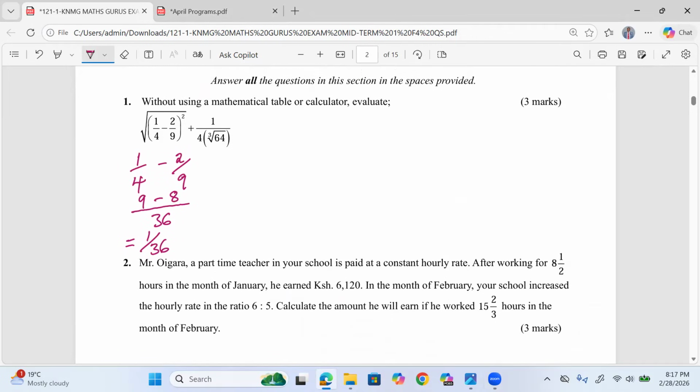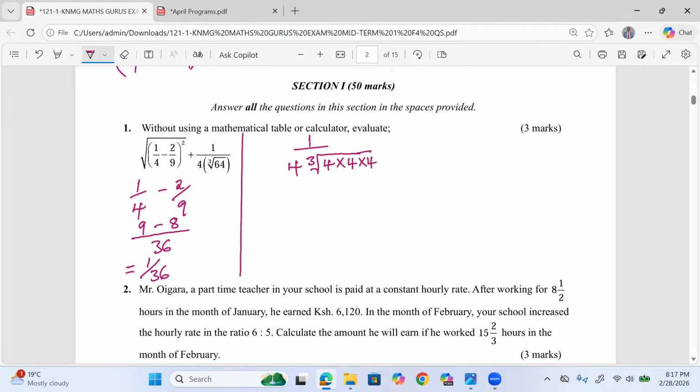So the other part now is having 1 out of 4 multiplied by the third root of 64. You see, instead of 64, we can have it as 4 times 4 times 4 after expressing 64 to base 4, because we have to find the third root.